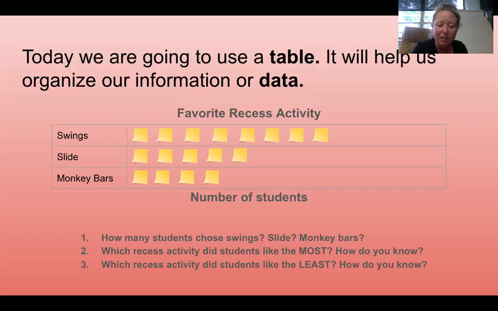How many students chose monkey bars as their favorite recess activity? How many people chose slide as their favorite recess activity?